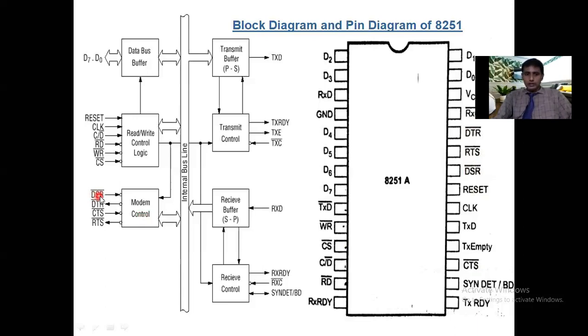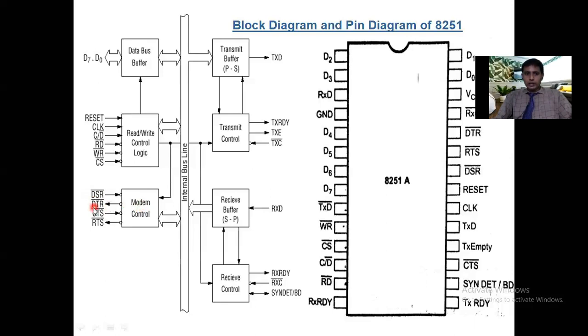In that, let us see data set ready bar. For example, the data set ready bar command is an input to modem control. This command is specified by the external modem device, indicating it is ready to perform the data set operation. Like that the external modem sends input to the modem control device.